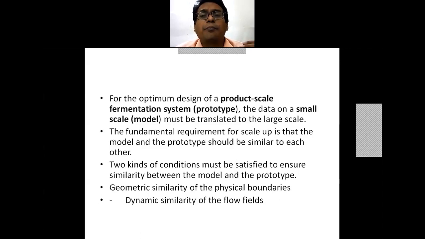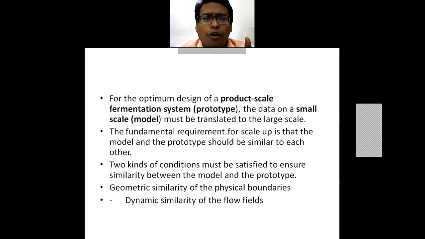That means the production has to be increased from a very small volume to a volume of say 5 liters to 100 liters in the pilot scale, and thereafter to the large scale, that is the 1000 liter capacities in terms of the production scale or industrial scale.